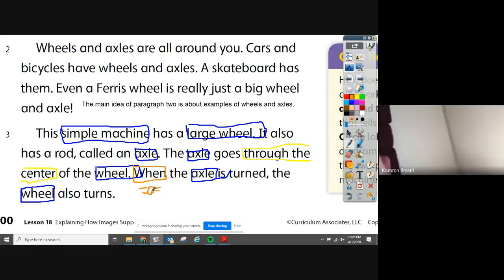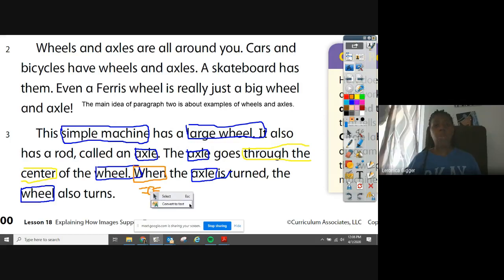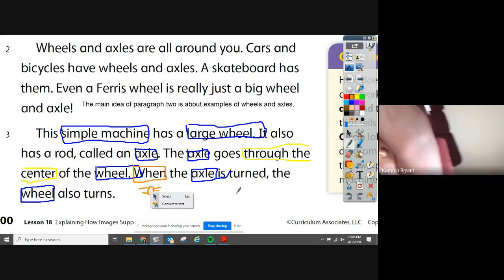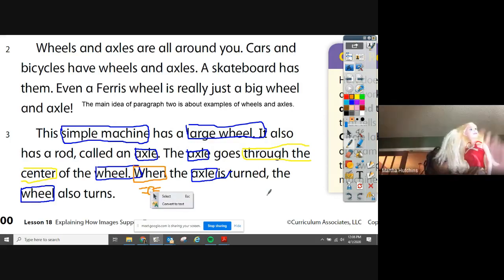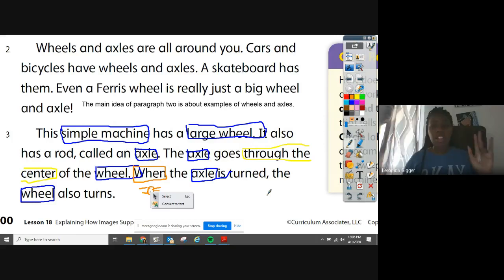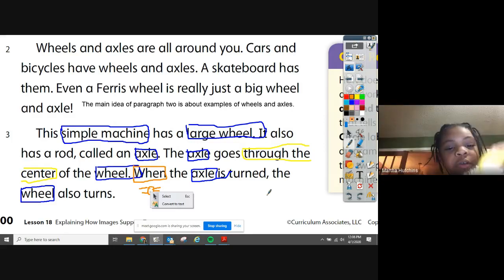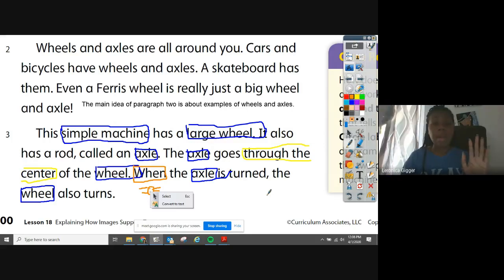Like a watch. This is my watch to tell me when. When the axle is turned, the wheel also turns. So that's when and why. Do we learn why? We talked about that. "I don't know" is not an acceptable answer.